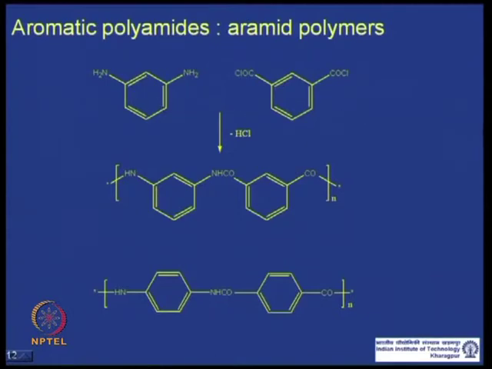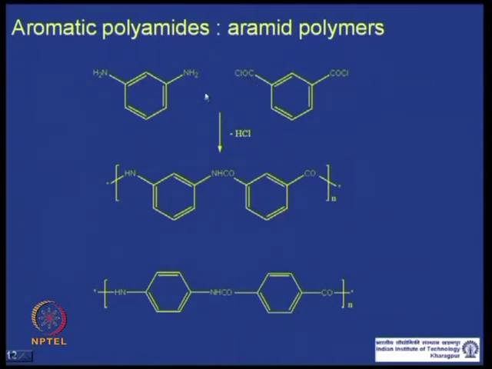So, these are aromatic polyamides, commonly known as aramid polymers, and because the reactivity of the nitrogen attached to the aromatic ring is much less compared to a simple aliphatic group, in this case we cannot simply do the polyamidation reaction with diamine and diacids. You require a much more reactive functional group.